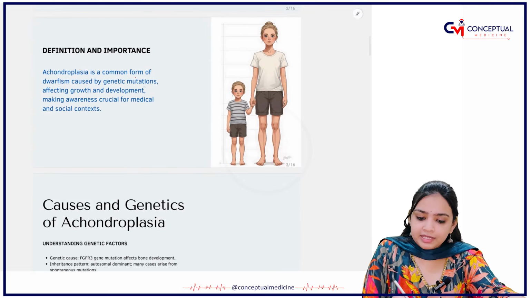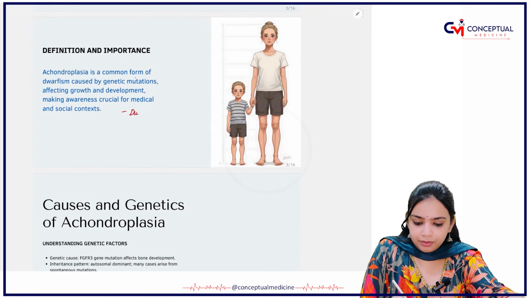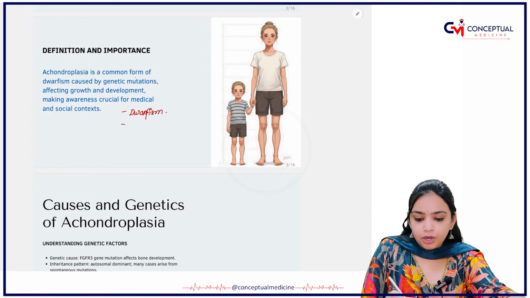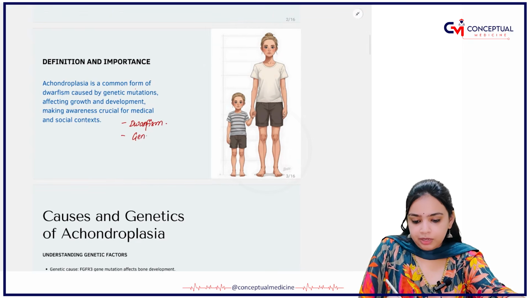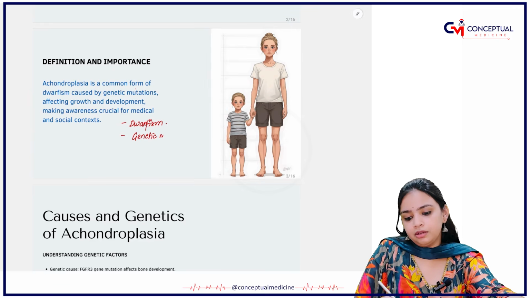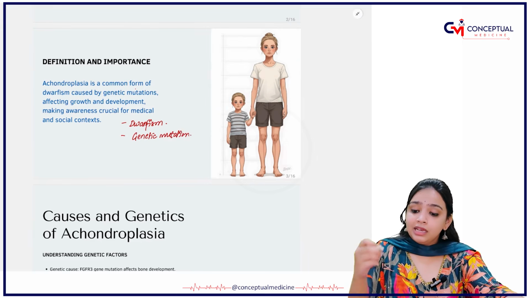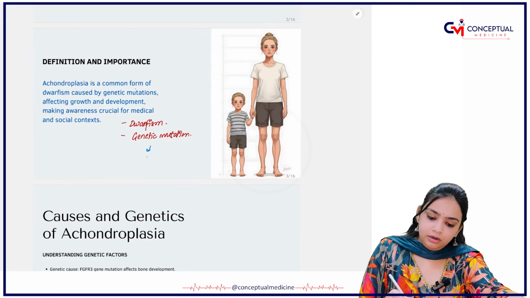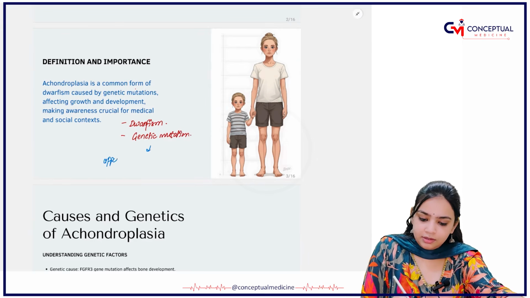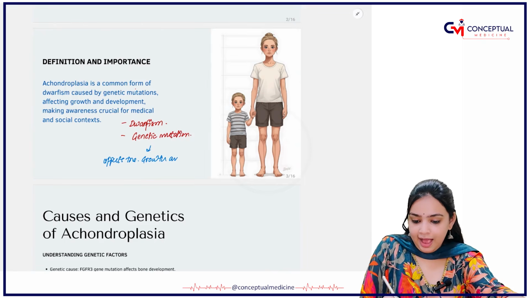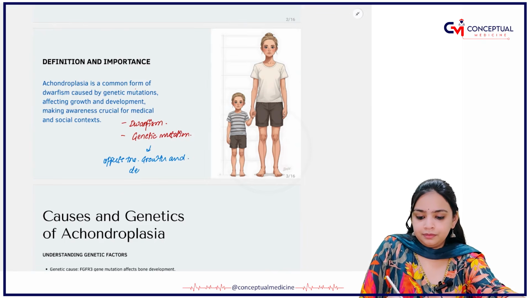So achondroplasia is a common form of dwarfism due to a genetic mutation. What it does is it basically affects growth and development.